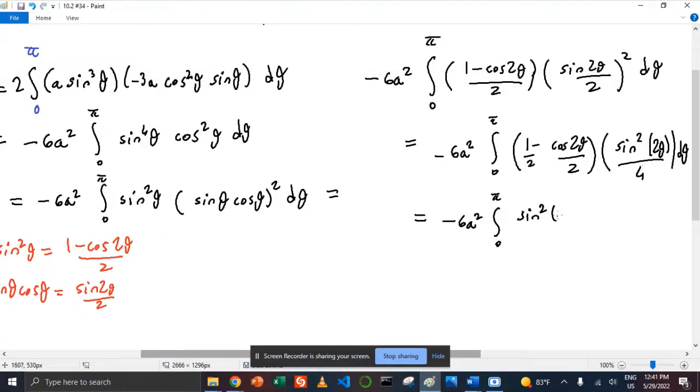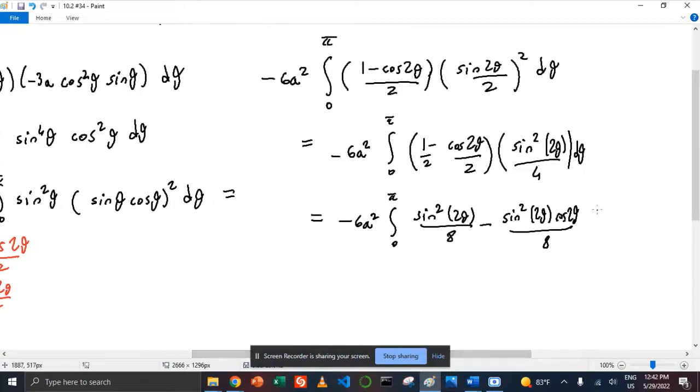2 squared 2 theta over 8 minus sine squared 2 theta times cosine of 2 theta divided by 8 once again. And the differential, it's still d theta right there.